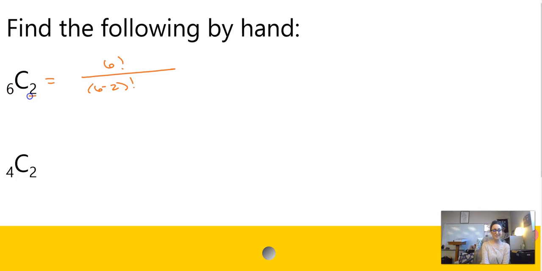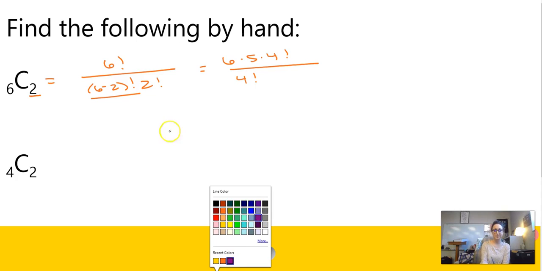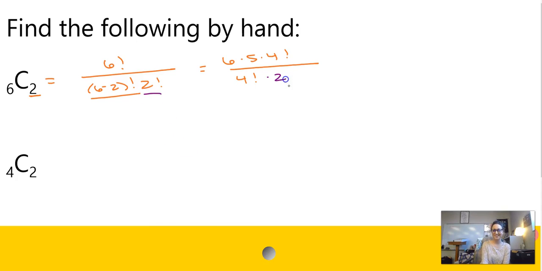And then additionally, I'm going to have a 2 factorial also in the denominator. Okay, so let's do this. We've got 6 times 5 times 4 factorial. 6 minus 2 is 4, so this part becomes 4 factorial. And then I also have the 2 factorial, and 2 factorial is just 2 times 1, which is 2.